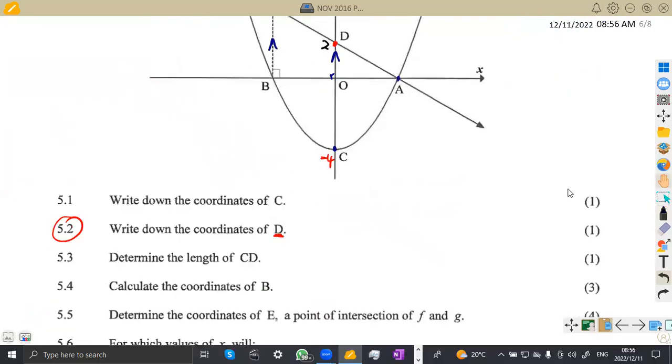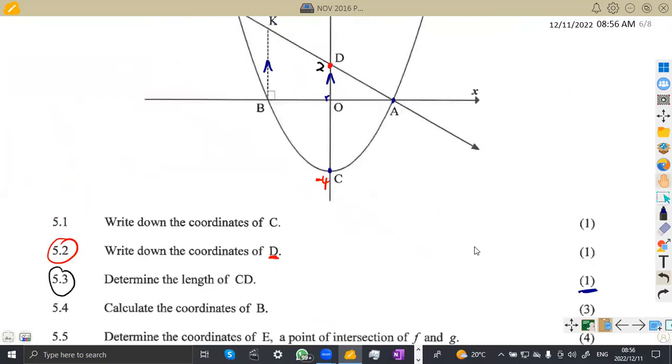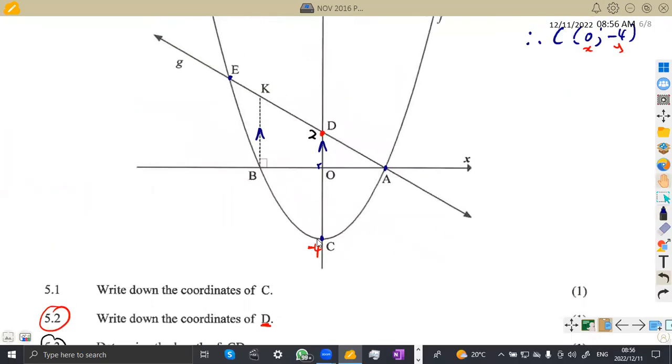On 5.3, we are now asked to determine the length CD. Okay, the length CD. We can see that from C to D, it's actually along the y-axis. That's a vertical line.